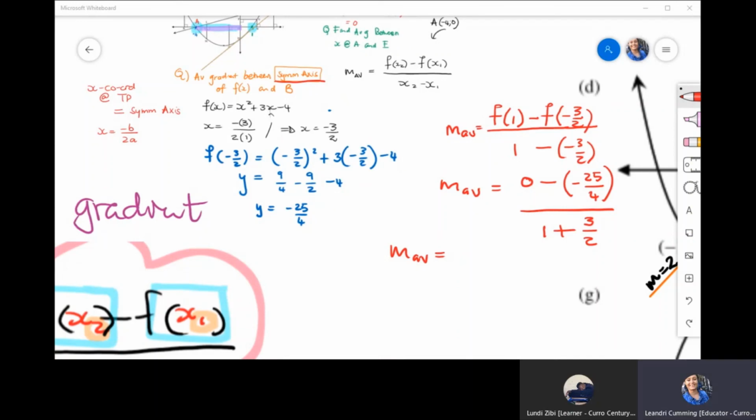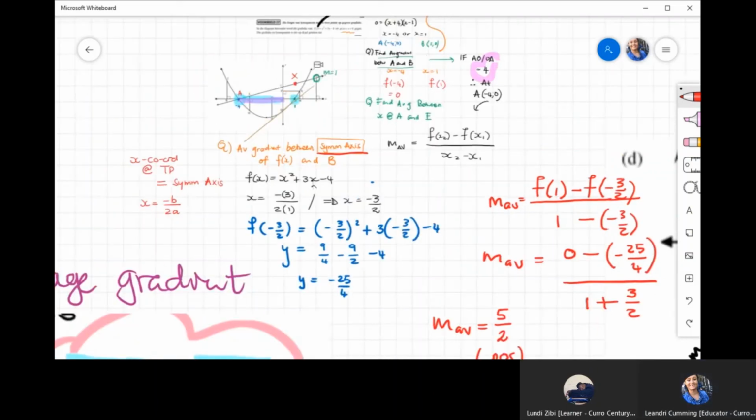We have a positive 25/4 divided by 1 and 3/2. 3/2 is 1.5, so 2.5 altogether gives me a beautiful 5/2 gradient, which is positive, which I can see here on my line.